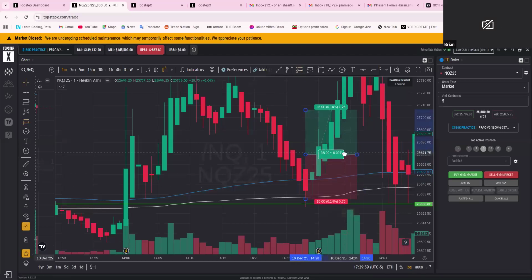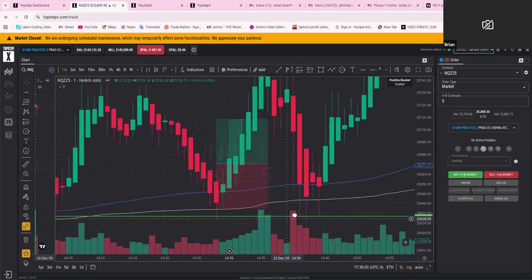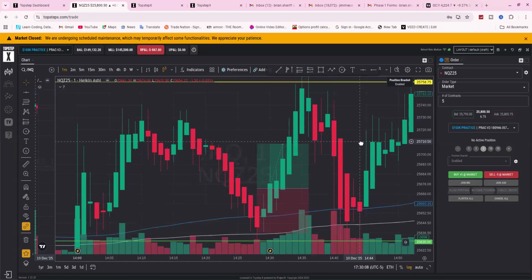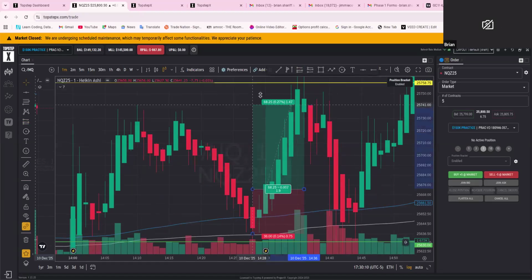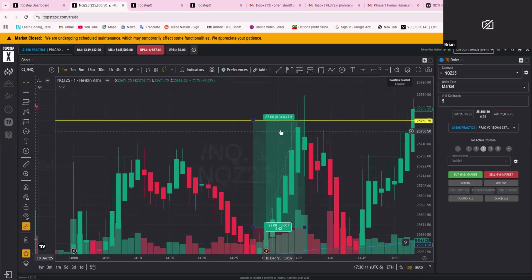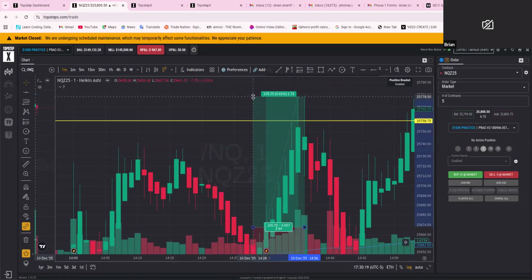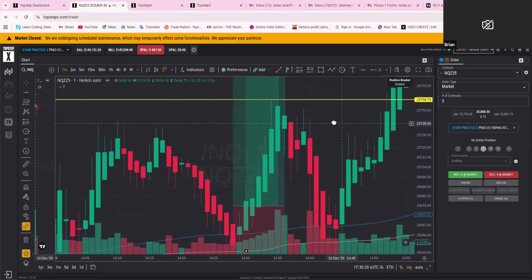You could catch rejection plays off the EMA. And what it did, that thing played out all the way. Was 2.9.